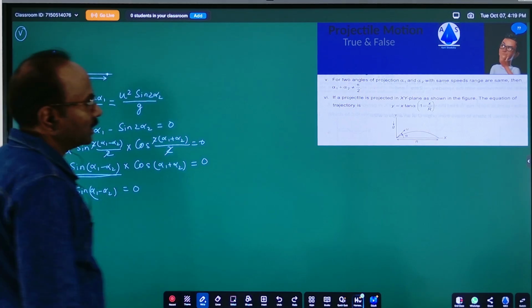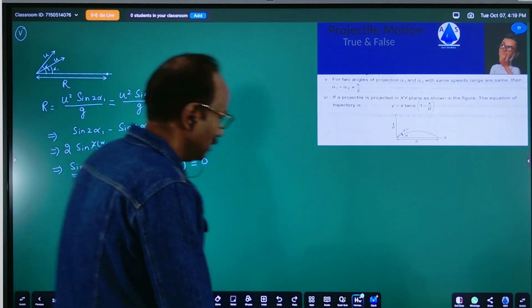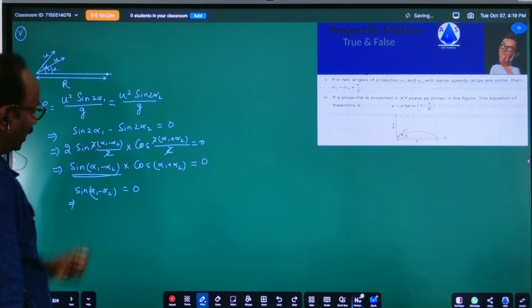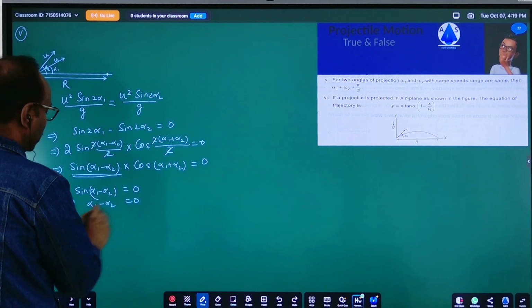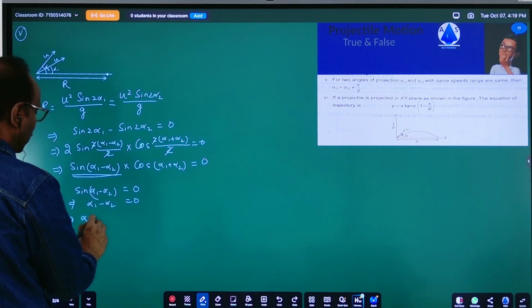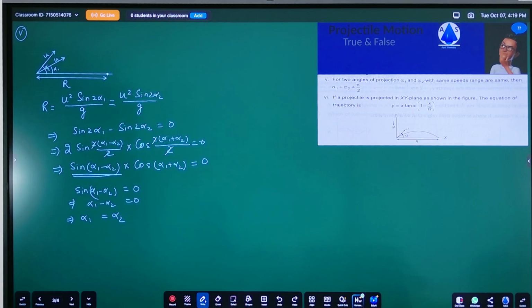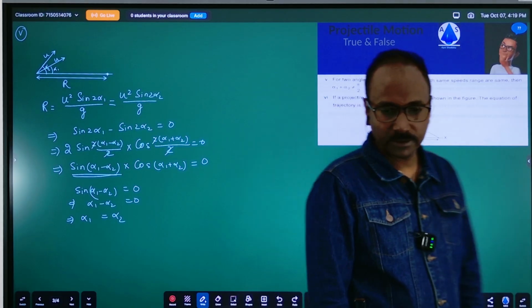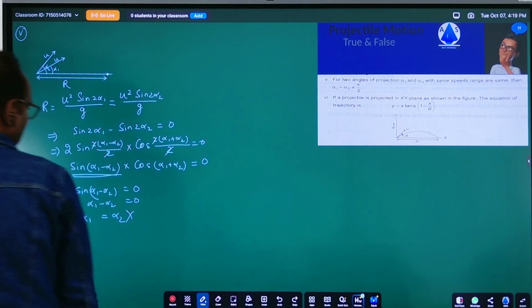Since alpha 1 and alpha 2 are acute angles, not greater than 90 degrees, to satisfy this, alpha 1 minus alpha 2 should be 0 and alpha 1 should be equal to alpha 2. But as per the question, alpha 1 and alpha 2 are different. So this will not be our solution.